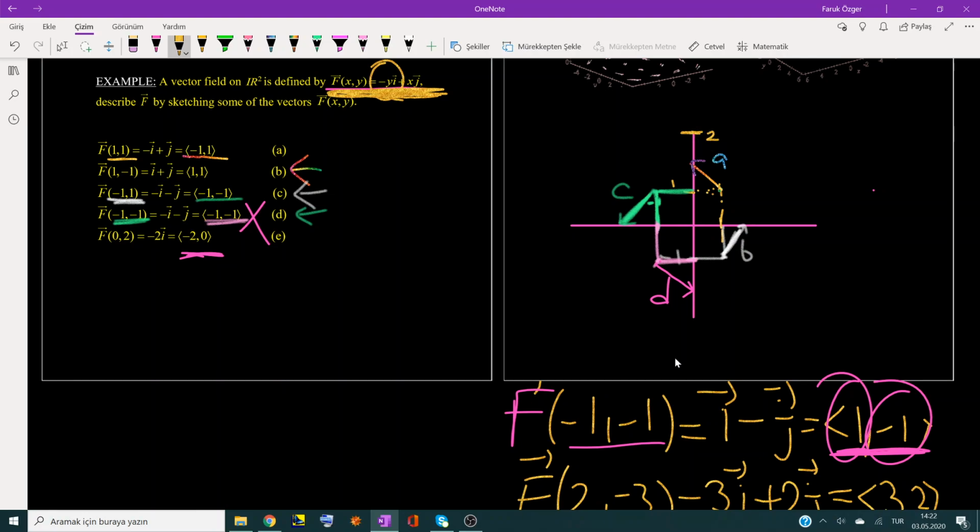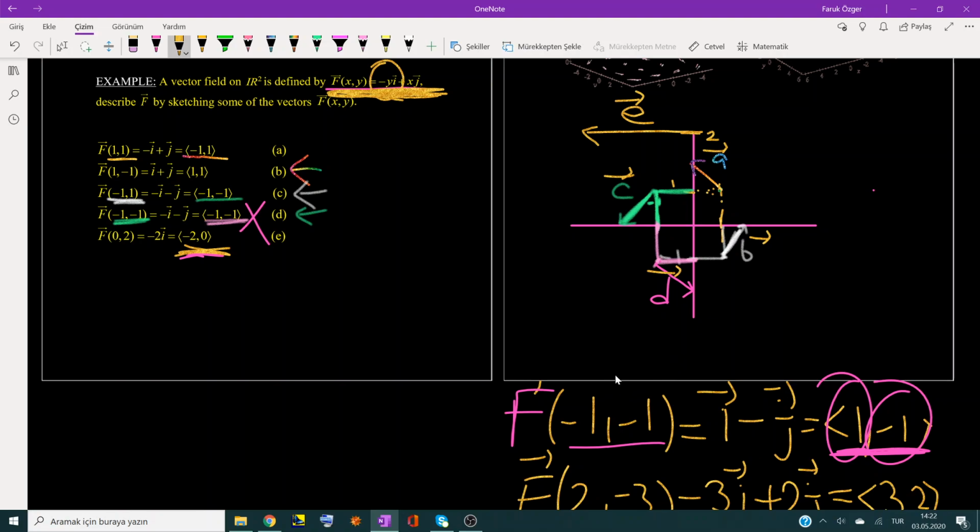At the point 0, 2 the vector field generates minus 2, 0, means only 2 units left. This is the vector E. Of course they are all vectors and they must have arrows.